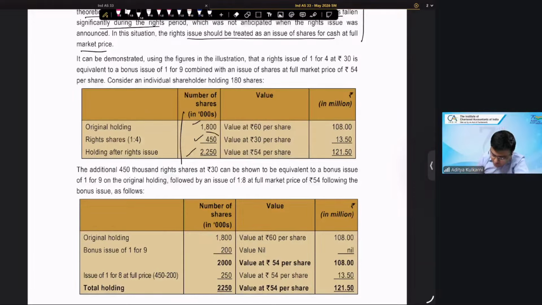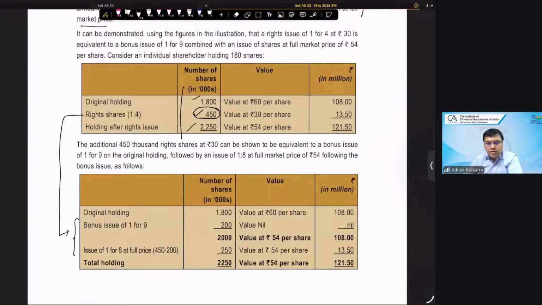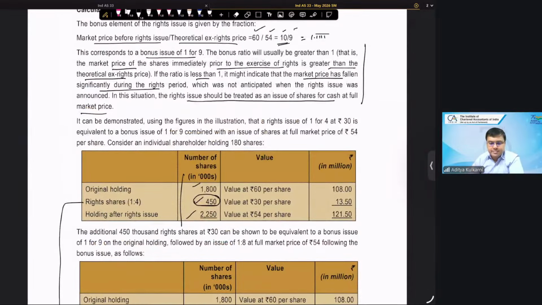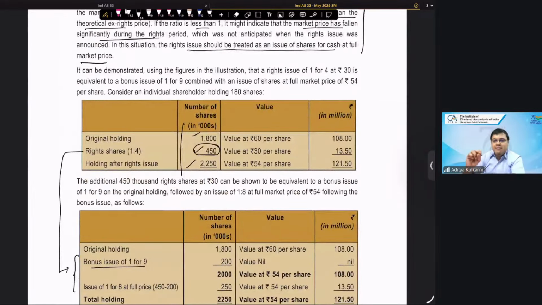Now this 450, I am further splitting it here. How? 1,800 shares are in issue. Out of that, bonus issue of 1:9. How did I get 1:9? From here, 10 by 9. That means I will have 10 shares after the bonus, 9 shares before bonus. So for every 9 shares, I am issuing 1 bonus share.